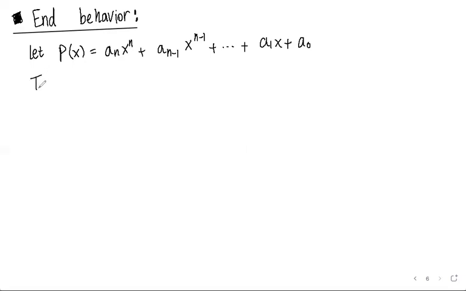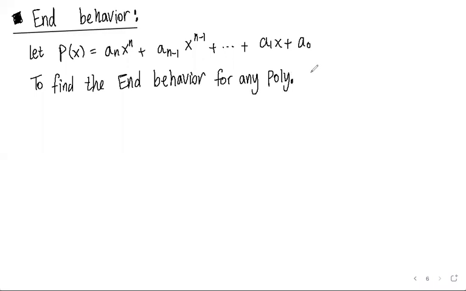To find the end behavior for any polynomial function, we need two things. The first one is the degree. The second thing is the leading term, the sign of the leading term.